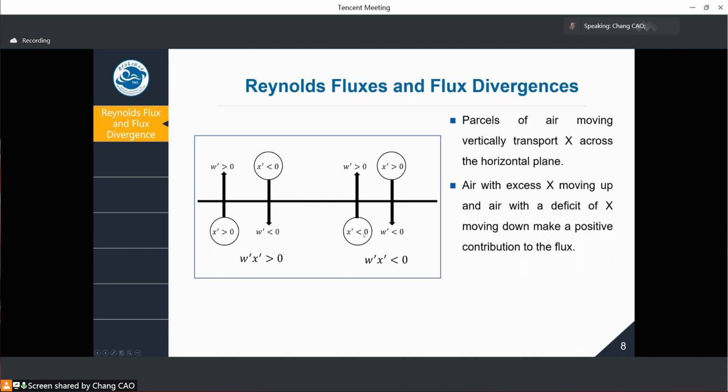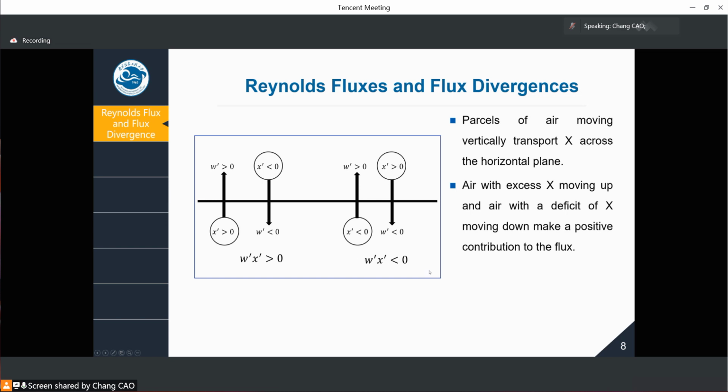But if we look at the next two pictures, things are just the opposite. This time, the parcel is moving upward, so W prime is still bigger than 0. But this time, X prime is smaller than 0. So the product of W prime and X prime is smaller than 0. And in this one, since the parcel is moving downwards, W prime, with no doubt, should be smaller than 0, but X prime is bigger than 0.